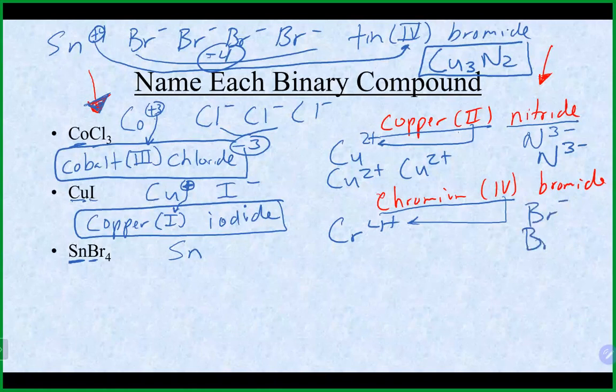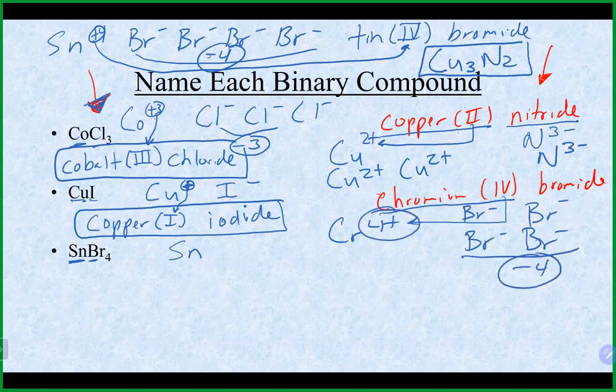So we basically need 4 of these Br minuses to give us a -4 to balance out the +4, which means that the formula here should be CrBr4 in this case. 1 chromium at +4, 4 bromines each at -1 gives us an overall charge of 0.